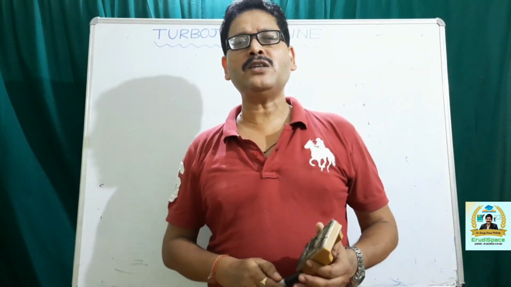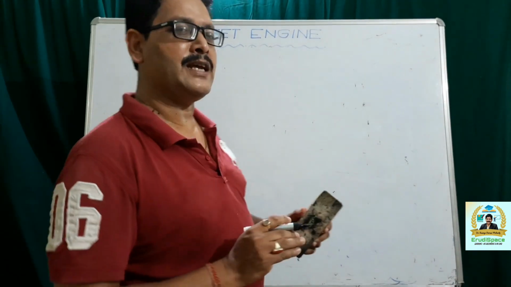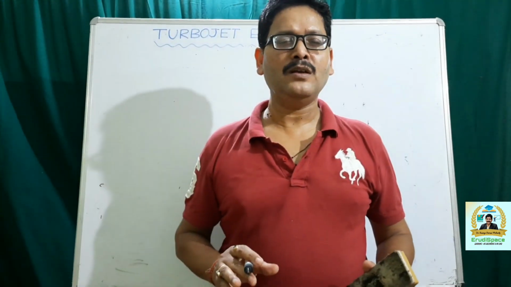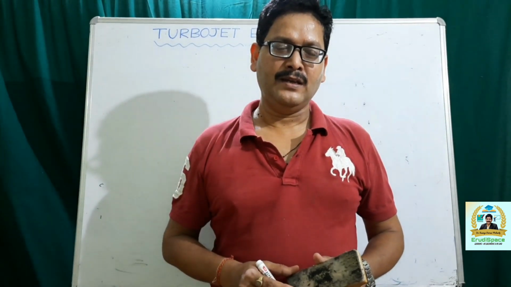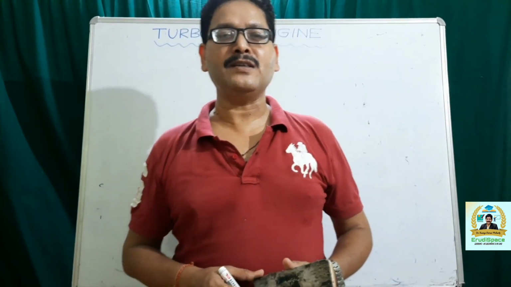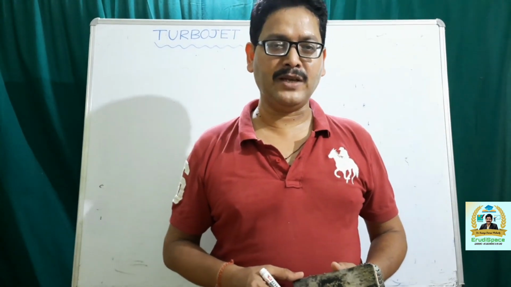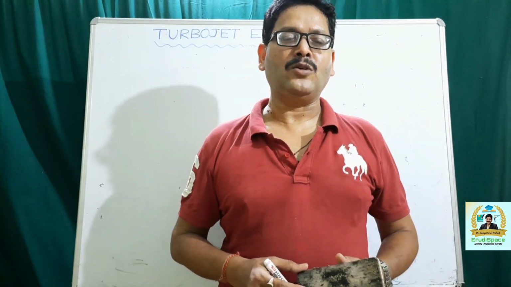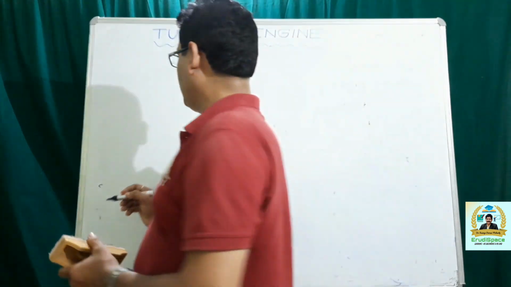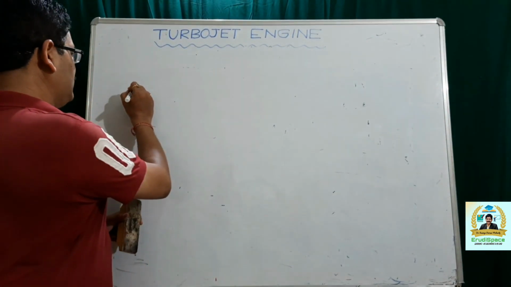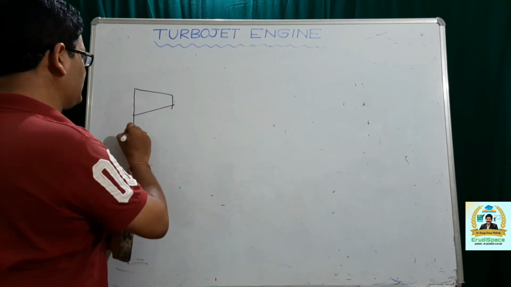Before discussing the turbojet engine, let me briefly tell you what happens in the simple open gas turbine cycle. The simple open gas turbine cycle consists of three essential components: the compressor, the combustion chamber, and then the turbine. This represents the compressor.